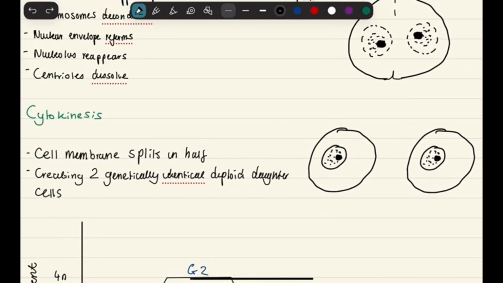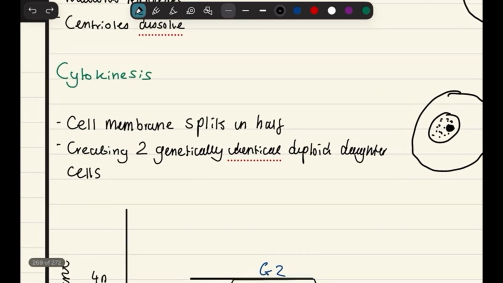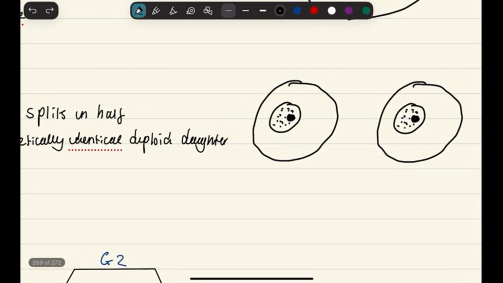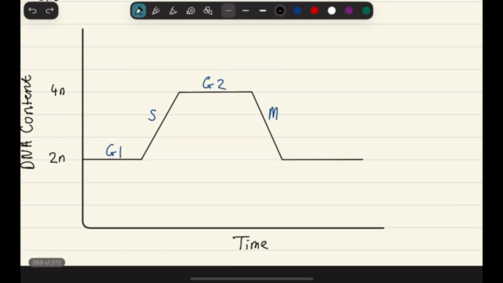And when it splits into 2, in cytokinesis, we have 2 genetically identical diploid cells. We haven't done this terminology, but diploid means it has a normal number of chromosomes, so like 2n or 46 chromosomes in a human. And then you've got 2 cells. Beautiful, cytokinesis.